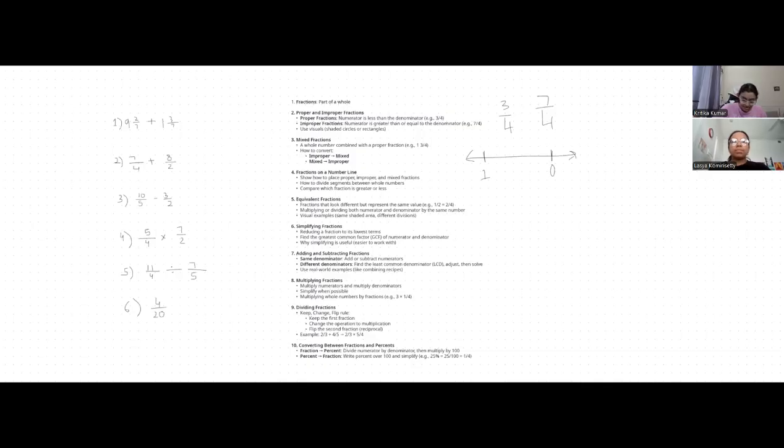So let me divide this into 1, 2, 3, 4, 5, 6, 7, 8 parts. Usually it would be 10 parts, so we're just going by 8 because that's all I can draw right now.